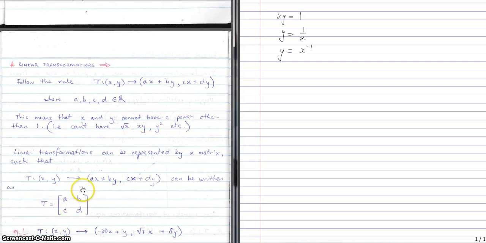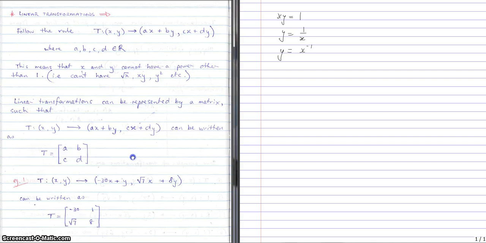So your a and b correspond to the coefficients of x and y for your x coordinate. c and d here on the bottom row correspond to the coefficients of x and y for your y coordinate.